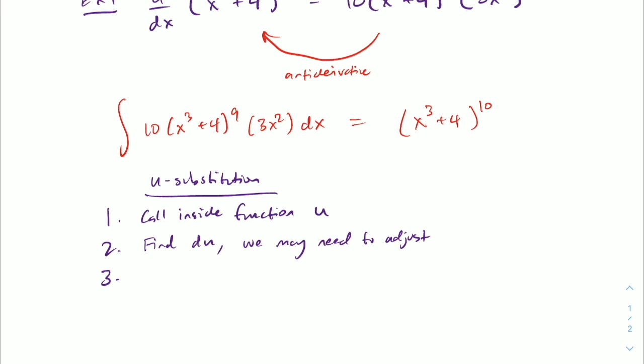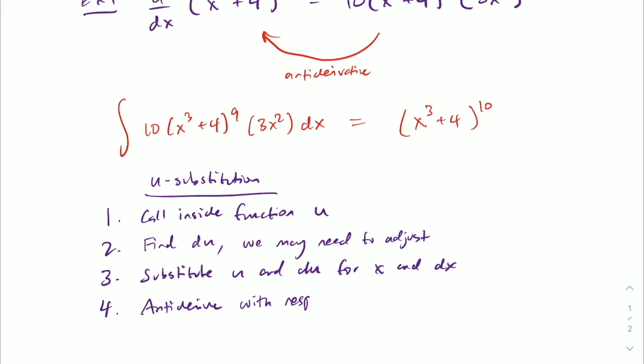And then we're going to substitute u and du for x and dx. Then we're going to antiderive this integral with respect to u. And then we'll back substitute x for u.